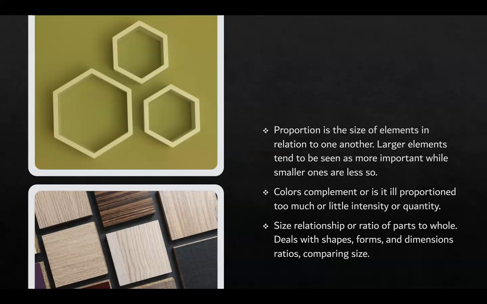It compares the sizing. That's what they're doing, so it's slightly different. I can try to explain these a little better if you need, but they are different. It focuses more on shapes, forms, and dimensions of ratios. So that's what it focuses on mostly.